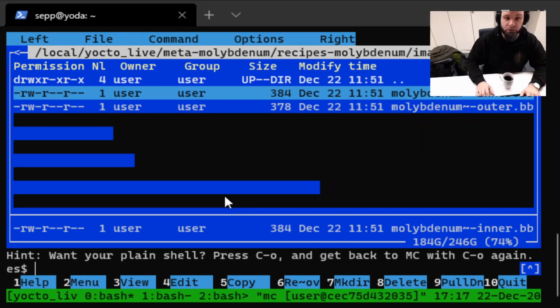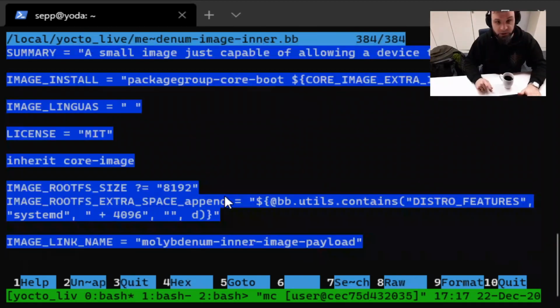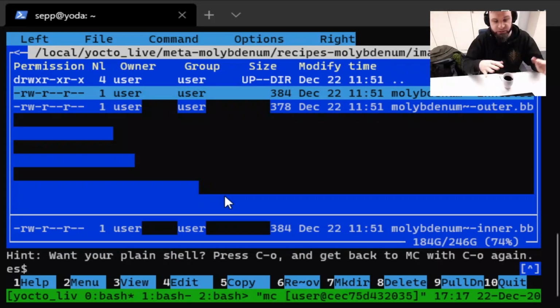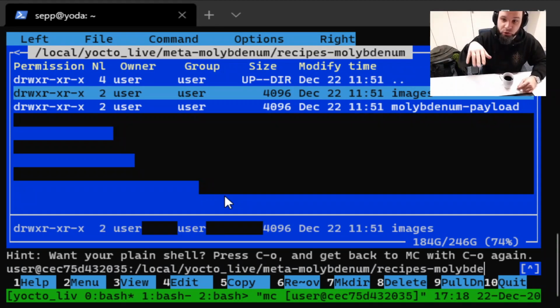Okay, so let's look at the inner build. The inner build is just your run-of-the-mill core-image-minimal. No magic here. I just put everything into the layer so you have it in one place when you look it up on GitHub later, which I kind of hope you do because that means you are interested, and I kind of hope you do not do because you see all the stupid things that I'm doing.